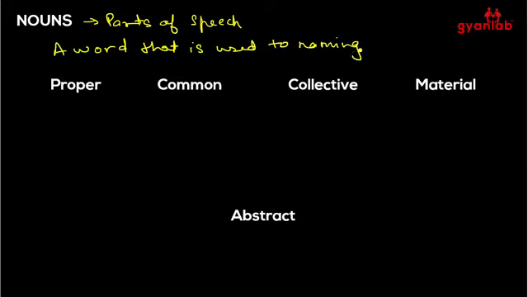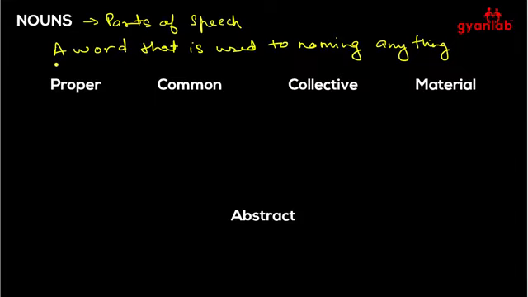While right now the statement might seem a little vague to you, as we go ahead and understand the various types of noun, and what word is classified into what kind of noun, you'll get a fairly good idea as to what we mean when we say that a noun is a word that is used for naming anything.